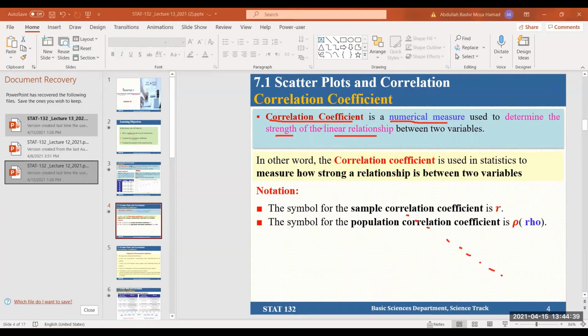Actually, we only study linear relations. We don't study non-linear or other relations.